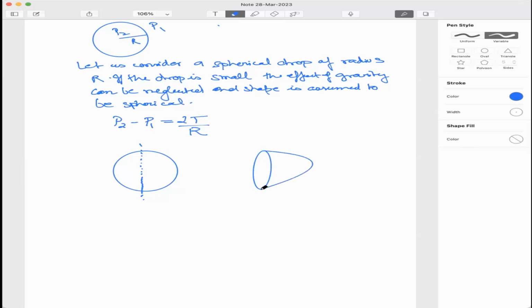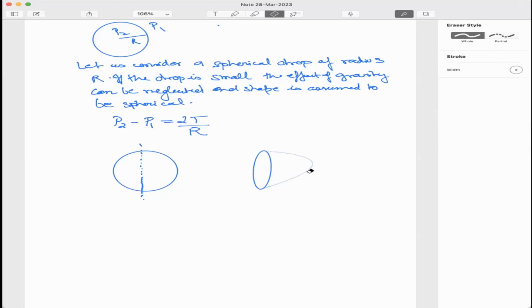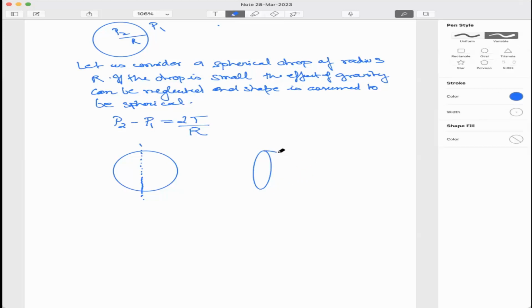So we have sort of a hemispherical cap, and here we have a force that is due to the surface tension acting on the periphery.